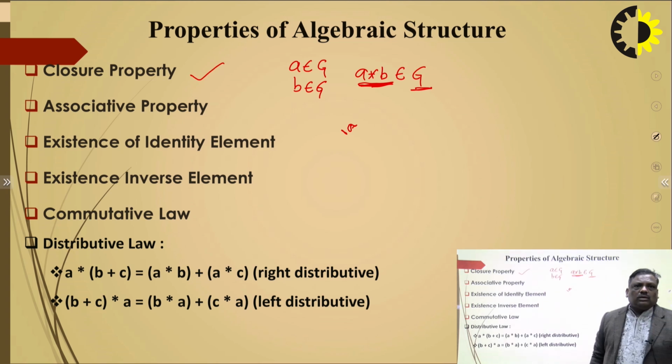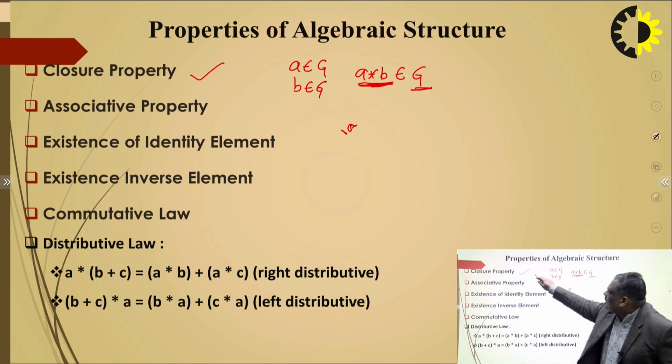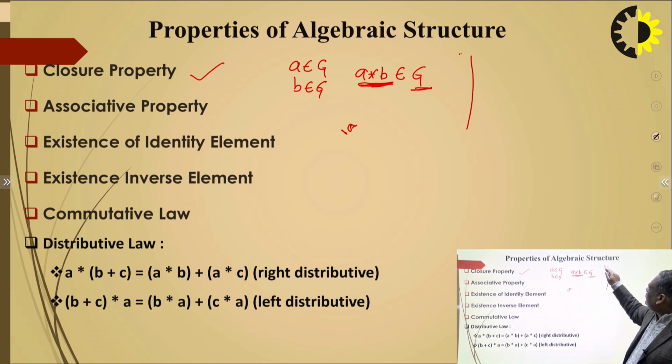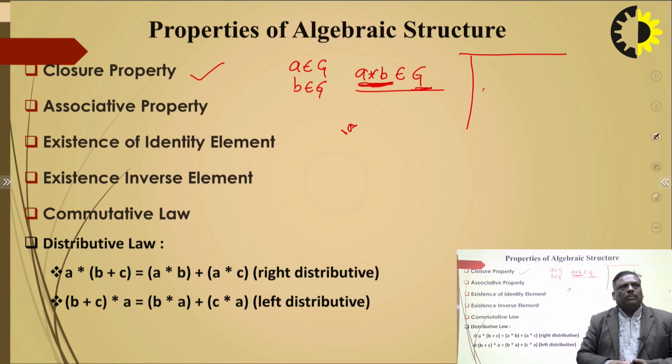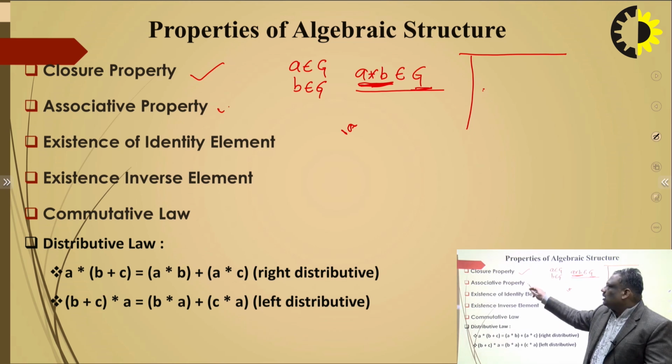With the composition table, we can prove that all elements after applying the binary operation are in the set. This completes the closure property. The second one is associative property.